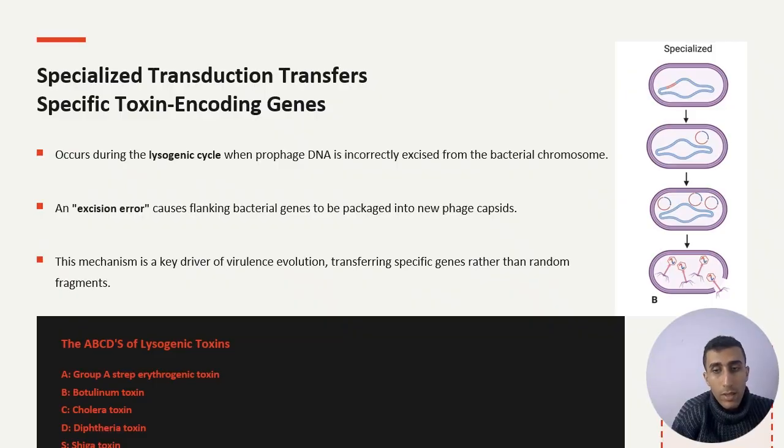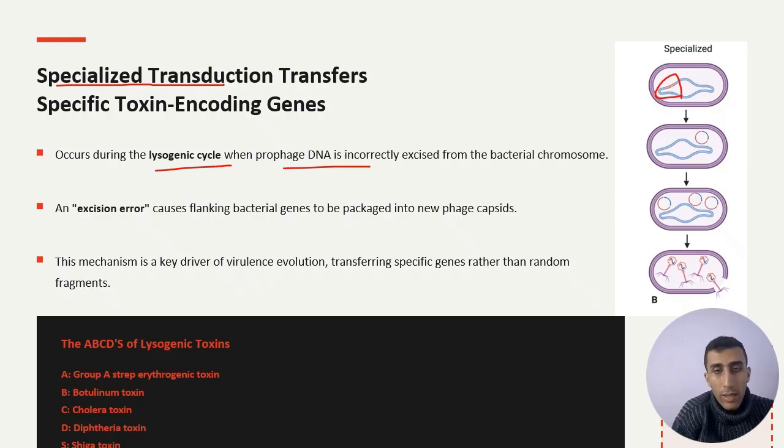And there is another process called specialized transduction, which also depends on the phage and occurs during the lysogenic stage. The phage genetic material may be incorporated into the genetic material of the bacterium. This is called the lysogenic cycle.